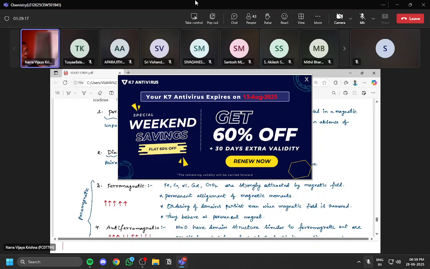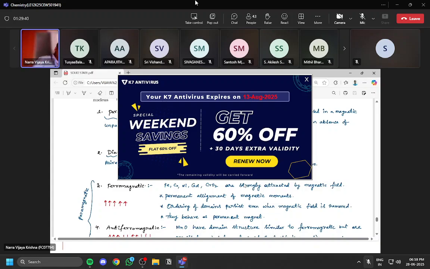Next, paramagnetic. All domains are random. The moment you bring an external magnet, all are aligned in one direction. If I remove it, they go back to normal, and they weakly attract the external magnet. Example of paramagnetic: anything which has unpaired electrons. O2 is paramagnetic.